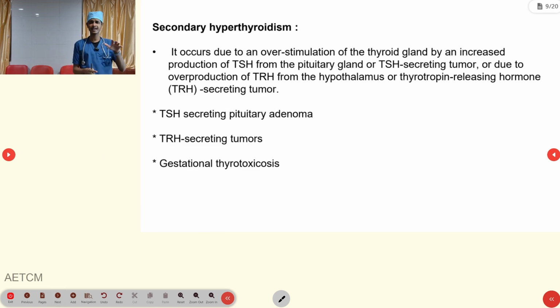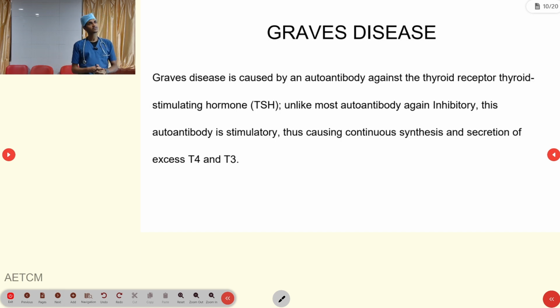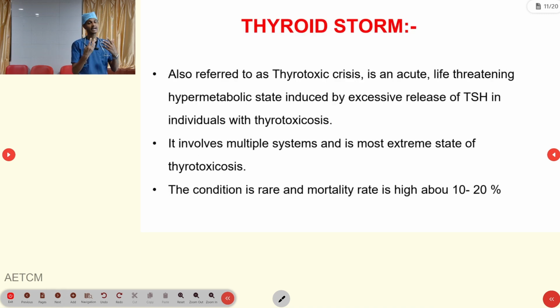Secondary means again the problem is extra-thyroid: either a TRH-secreting tumor, or a problem related to TSH. A pituitary adenoma can cause secondary hyperthyroidism. Graves' disease we already explained is an autoimmune disease. Thyroid storm, or thyrotoxicosis: the extreme state of thyrotoxicosis is thyroid storm.